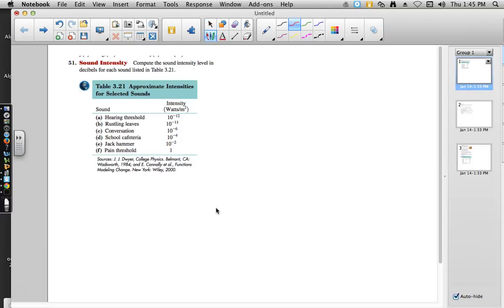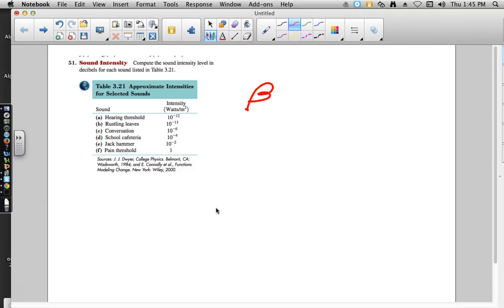You had to go back and get the formula for decibels from previous material here. So we have beta equals 10 logarithm of intensity over initial intensity. So beta here is the sound in decibels.